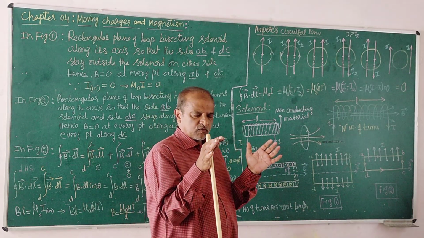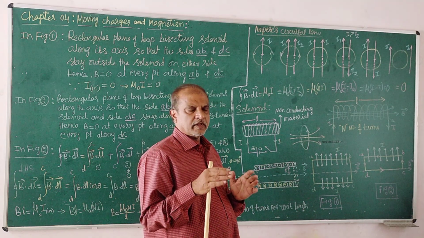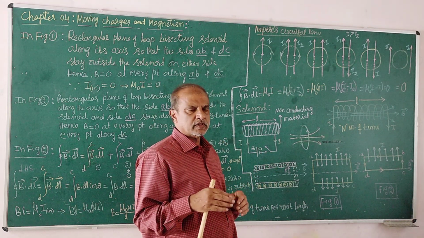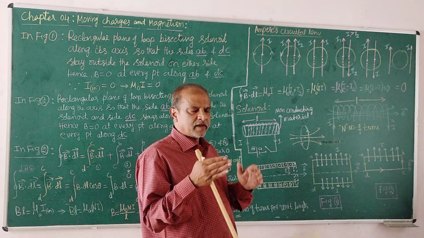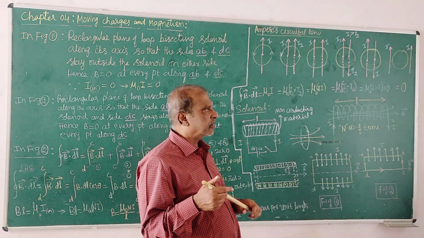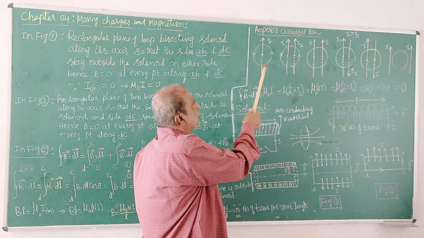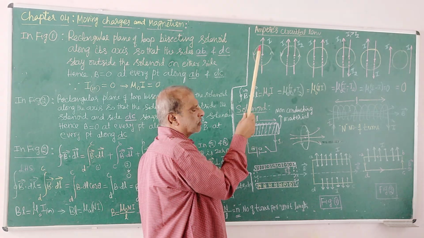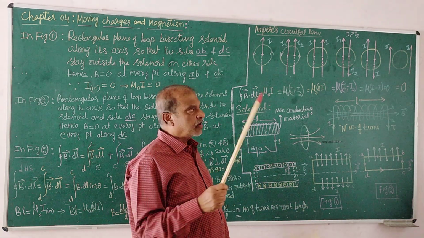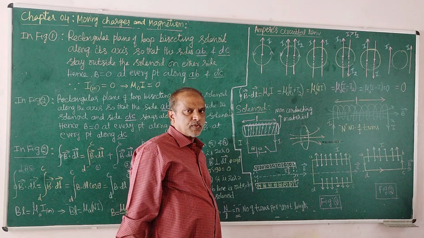It can be elliptical, it can be a square with four sides, or it can be rectangular. All of them have symmetry. So we can choose the shape of the loop in any configuration, maybe circular or elliptical, square or rectangular. The law can be applied to a loop of any shape.